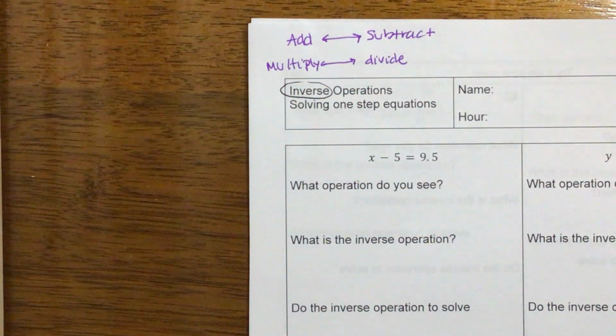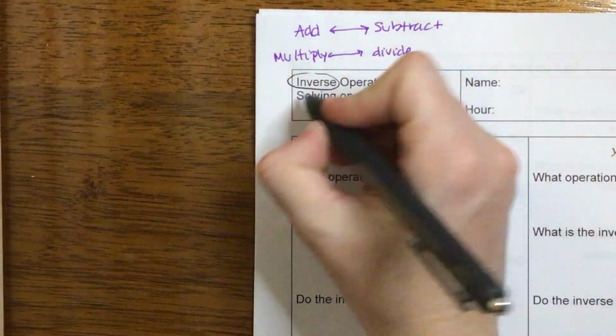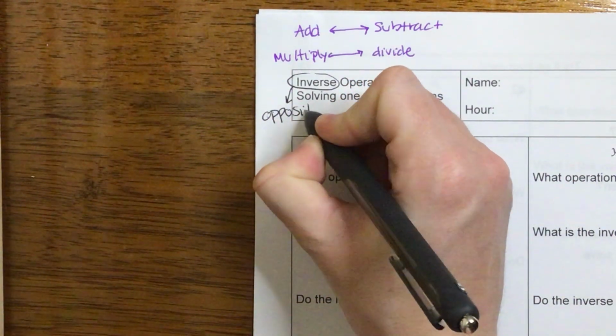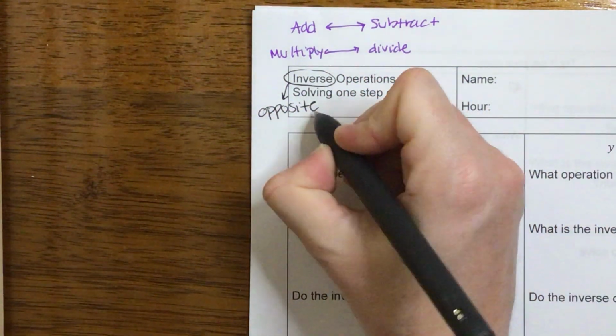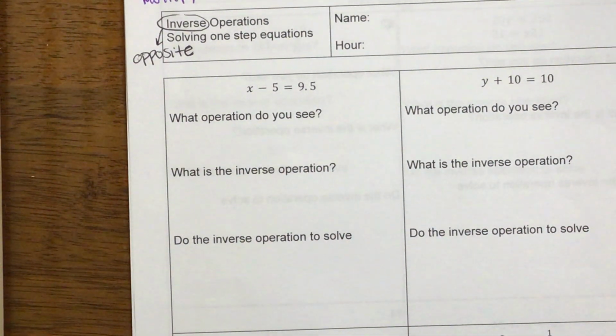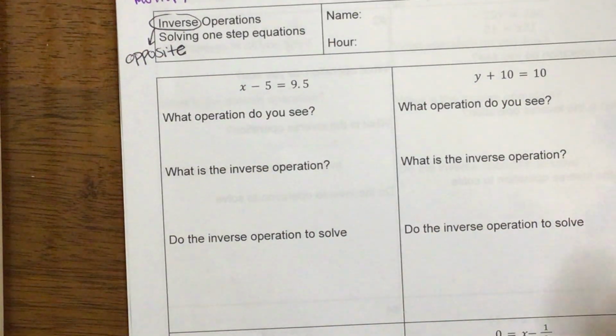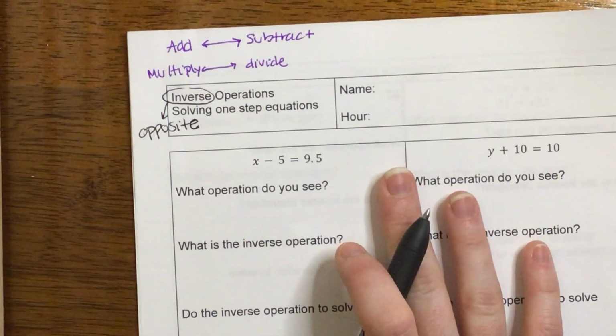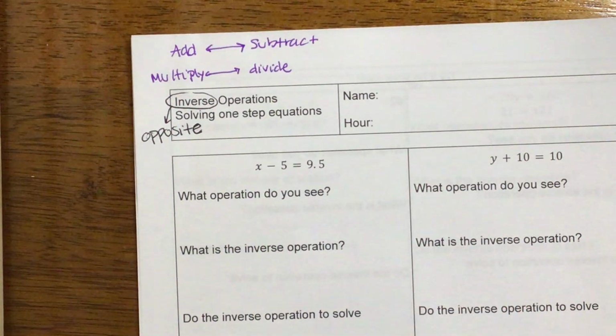If that word inverse is confusing to you, you can just write opposite. Okay? Whatever you see, to undo that, you're going to do the opposite thing of whatever you see.